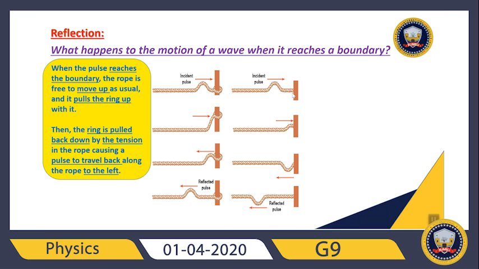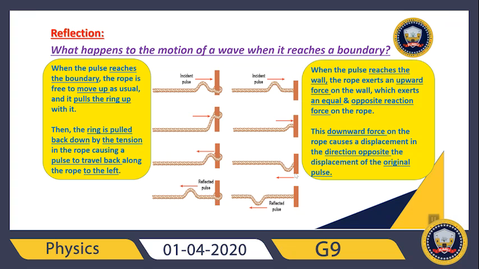So what if the boundary is fixed, like on the right side, a fixed boundary? Can you see? It's different here. What happens when you make an incident pulse towards the right side, like here? What happens when the pulse reaches the wall?